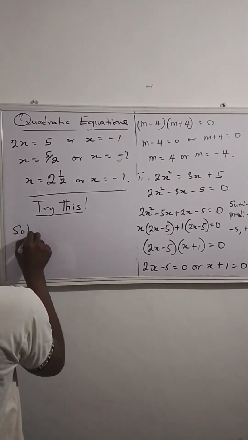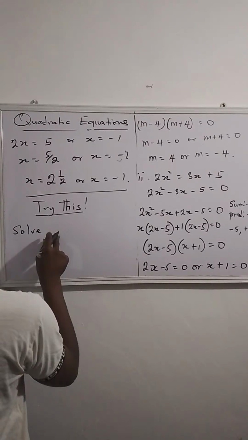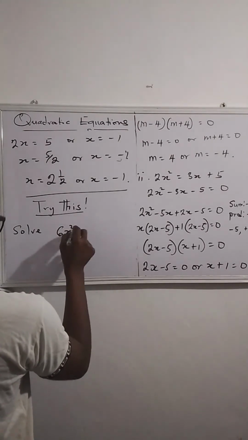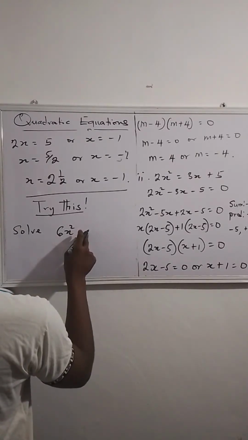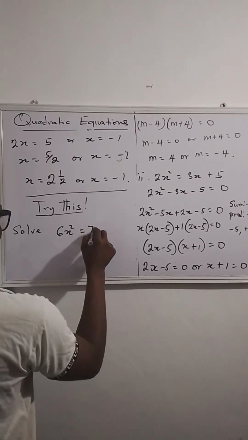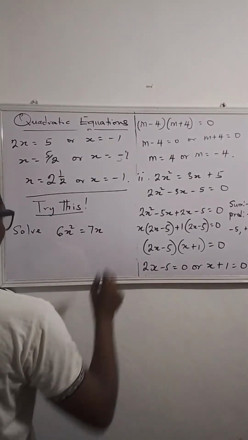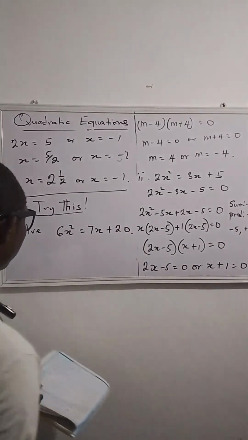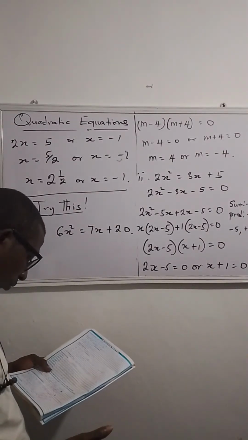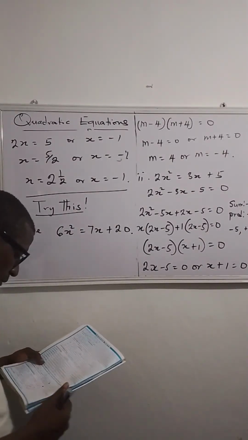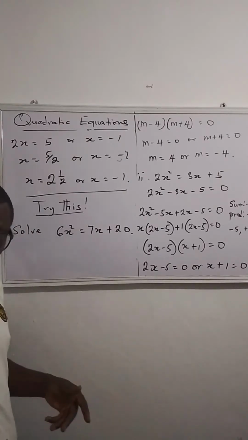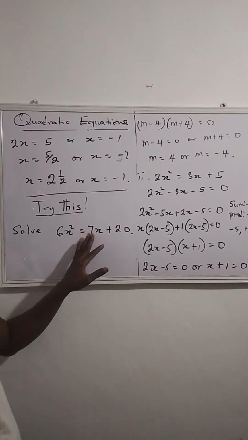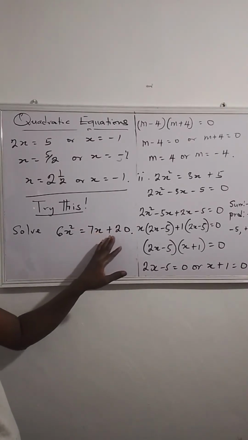So 6x squared equals to 7x plus 20. Okay, so solve 6x squared equals to 7x plus 20.